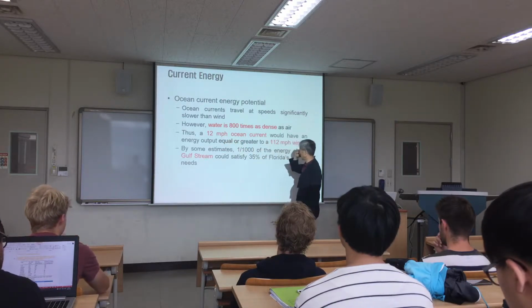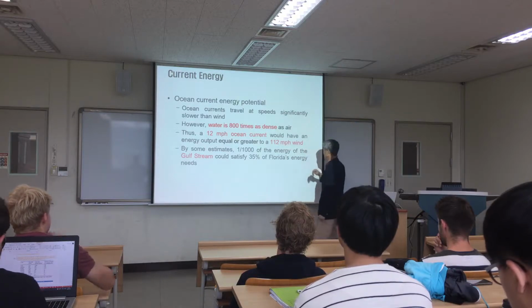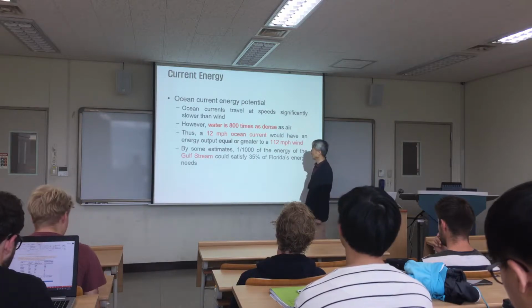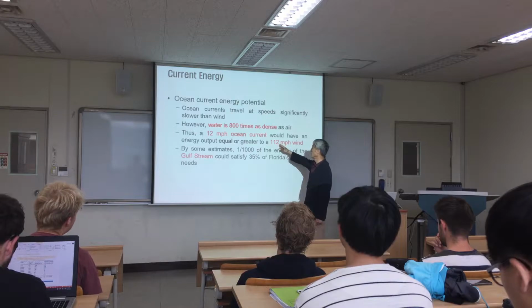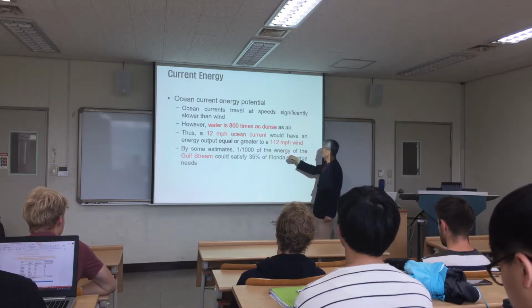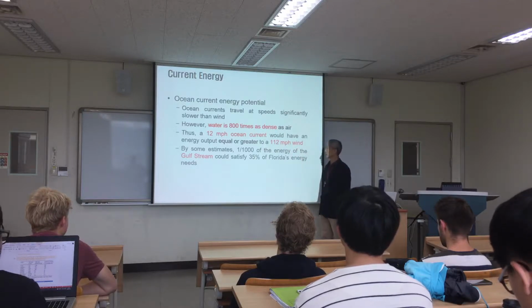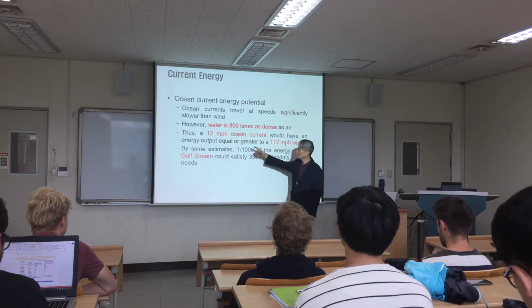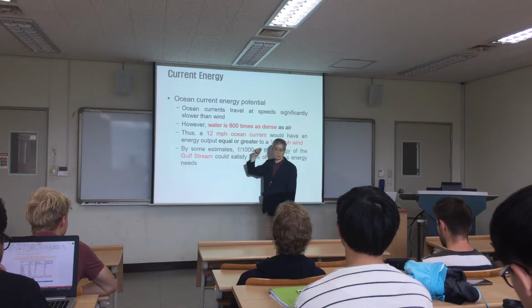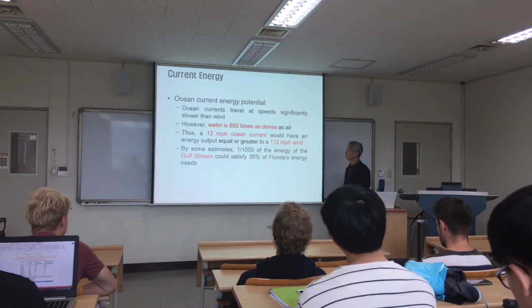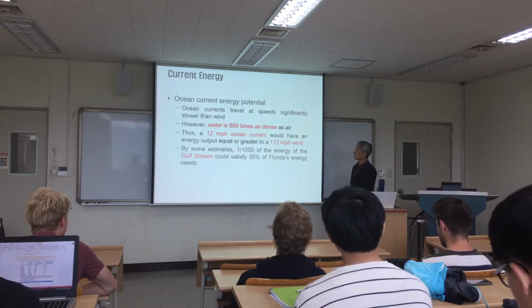The 12 miles per hour ocean current means the same in terms of energy density or power density. It is 100 miles per hour. This is very strong wind, right? Strong wind. And this looks like a very slow ship, and that is comparable.